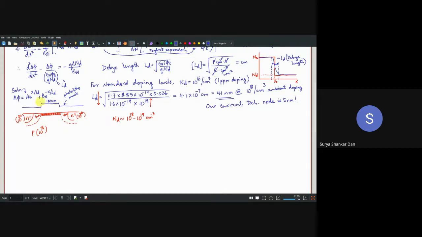This is your mask, this is your n plus and n plus region. So this is your 180 nanometers, and that defines the technology node. That means the minimum perforation or slit on the mask will determine the size of the gate or the various patterns on the silicon wafer.